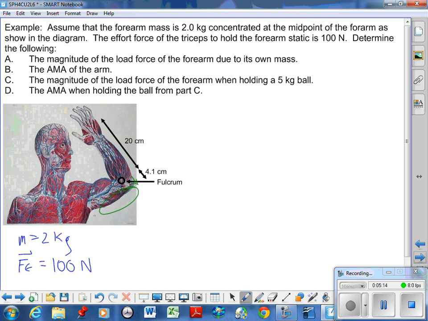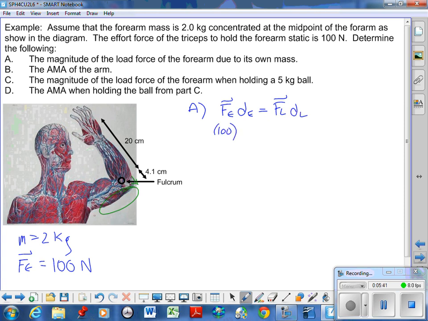Determine the following. A, the magnitude of the load force of the forearm due to its own mass. This is just going back to yesterday. This is calculating that ideal relationship between your effort force, effort distance, and your load force. We know 100.